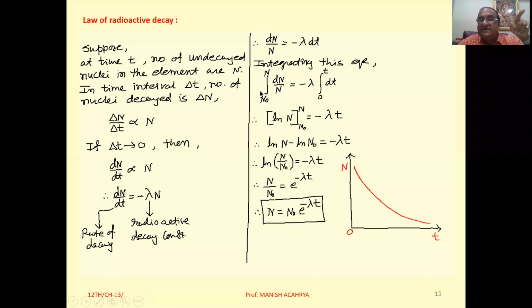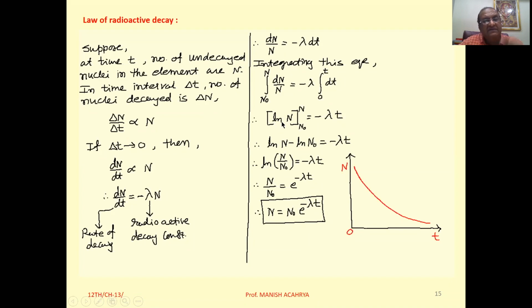And at time t the number of undecayed nuclei in the specimen is N. So here the limits on the right hand side are 0 to t, and on the left hand side N0 to N. Now integration of 1 upon N dN is ln N, with limits N0 to N, and integration of dt is t, with limits 0 to t, so minus lambda into t on the right hand side.